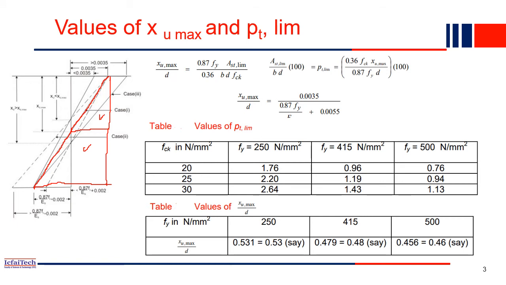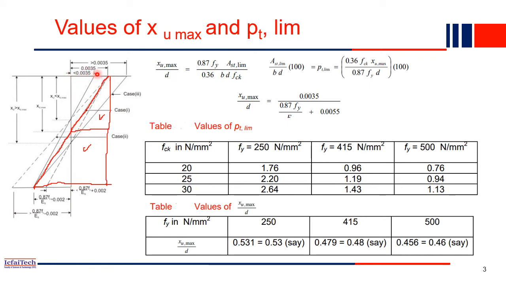So what is the first part? What is this distance? This distance is nothing but XU max, right? So XU max by D. XU max is this much, by the entire length. D is the total depth, right? Total depth. So XU max by D equals what about this portion? This by this, right? What about this one? This one is nothing but this one, total to here.